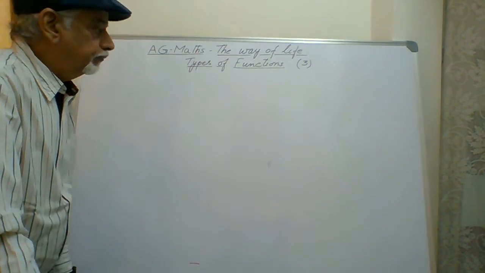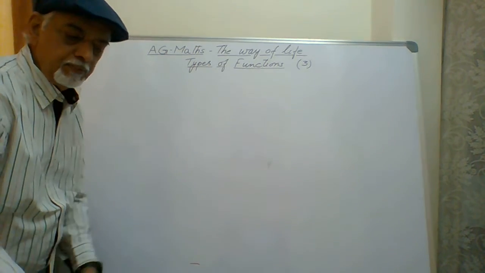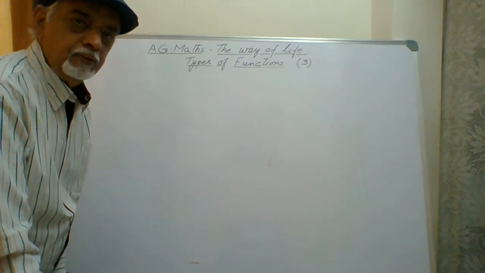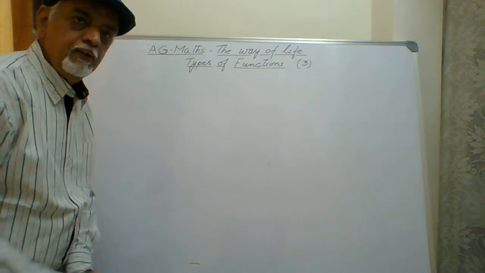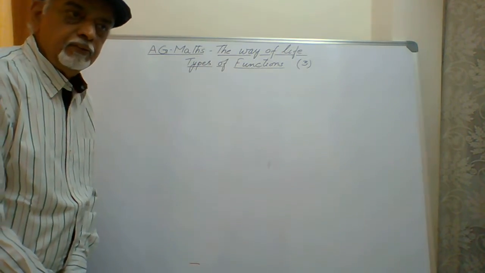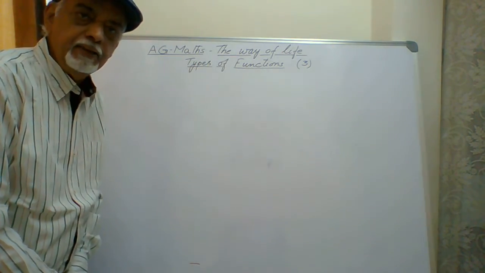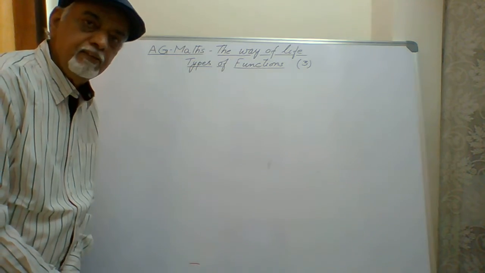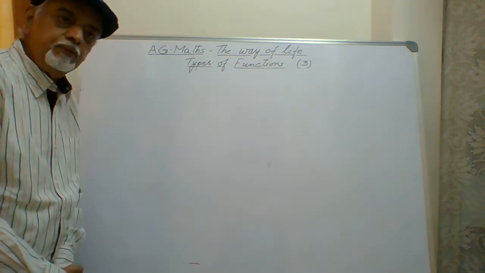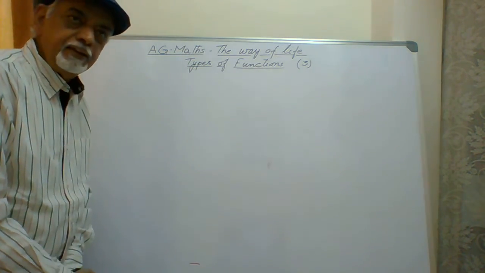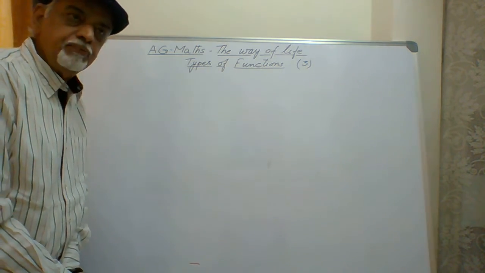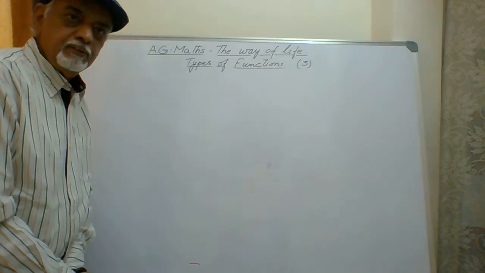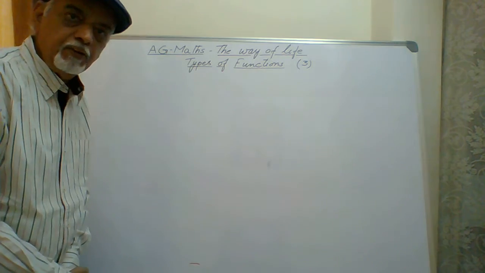In my previous video, I discussed functions and the domain and range in further detail. I talked about the testing of a function, how we test whether a function is there or not.